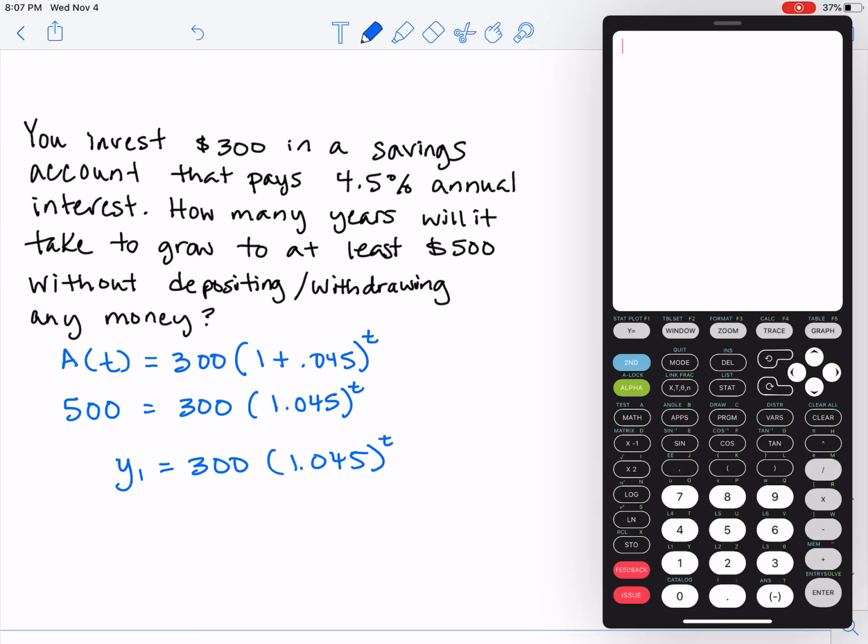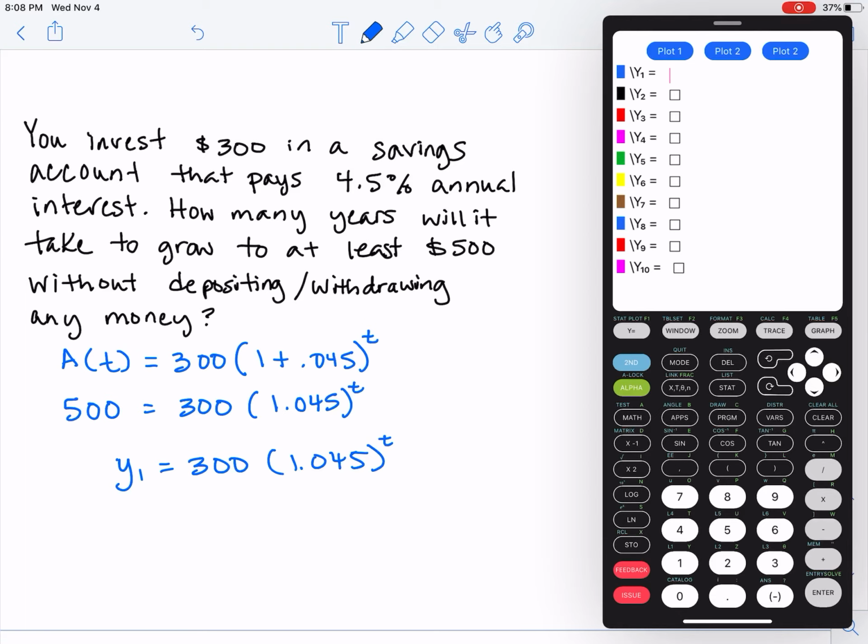In other words, we're going to use x, so let me go to y equals, and I'm going to go 300, parentheses, 1.045, raised to the x. All right? So let me change that t to an x. That's what we're going to have. All right. I want to go to the table.